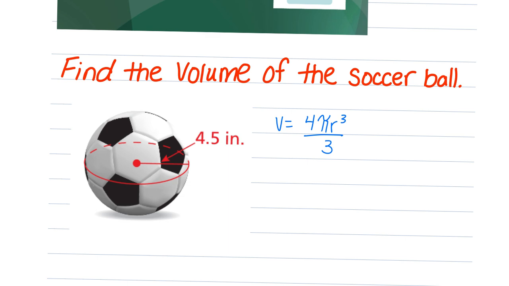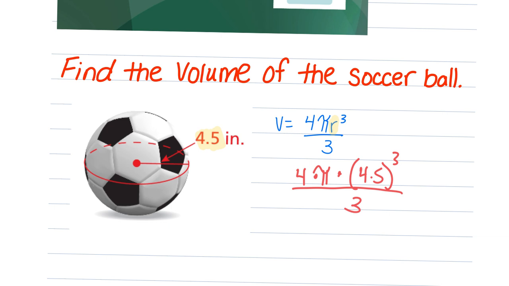So all I have to do, what piece of information did they give me in this question? The radius is 4.5. So where it says r, I'll plug in a 4.5. So I'll say 4 pi, which means 4 times pi, times the radius, which is 4.5 cubed, all divided by 3.